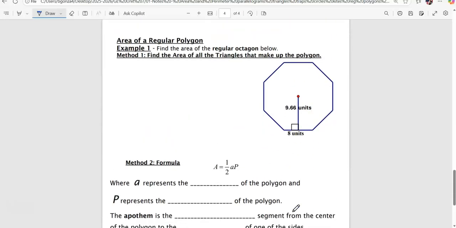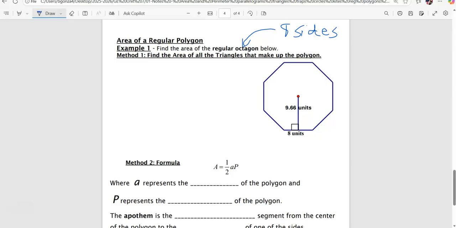Okay? Now, last but not least, the formula to find the area of a regular polygon. There's two ways. One way, if it's an octagon, hopefully you know what that means, 8 sides. I want you to notice something.